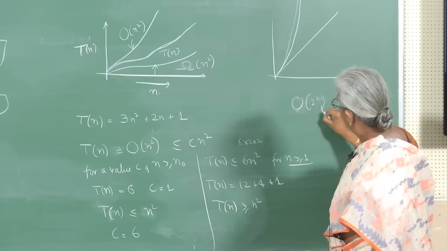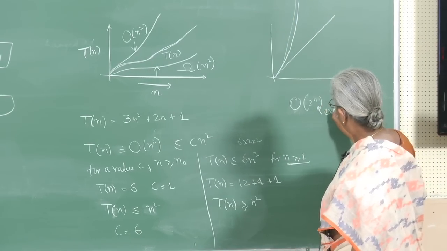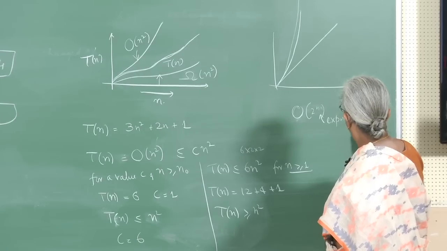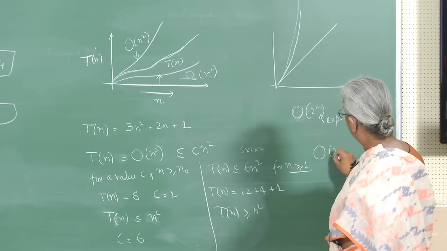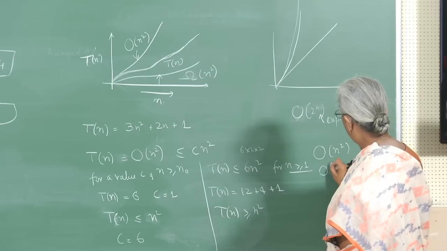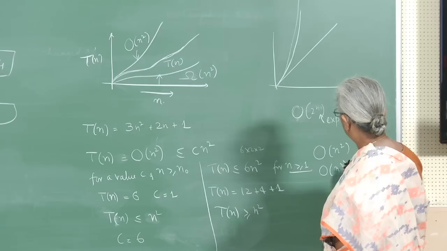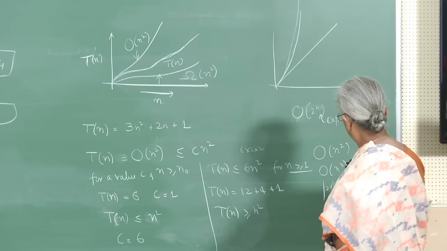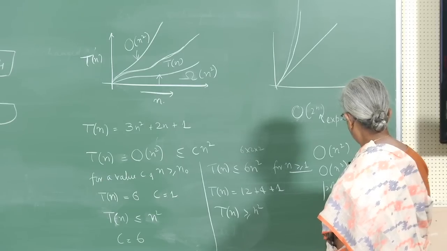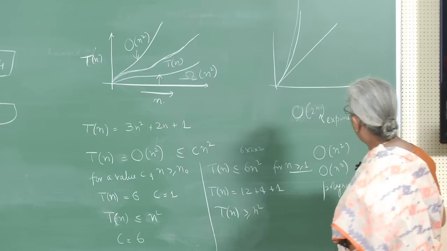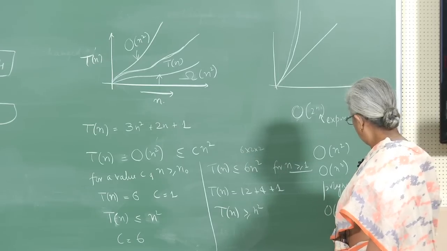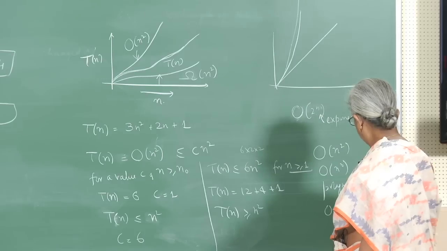This is called exponential running time, exponential in n, and when you have order of n squared, order of n cubed and so on, this is polynomial time. And this one, when it is big O of n, it is linear time.